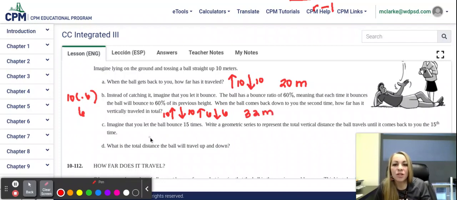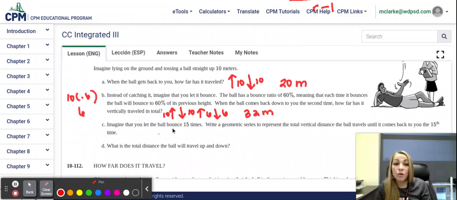Now we're going to imagine that we let the ball bounce 15 times. It asked us to write a geometric series to represent the total distance the ball travels until it comes back to you the 15th time. Remember, when we write a series, that means that we need plus signs and we need to include the first 3 values, because we need to know whether it's multiplying or adding.